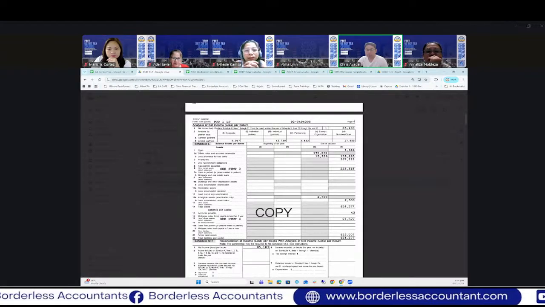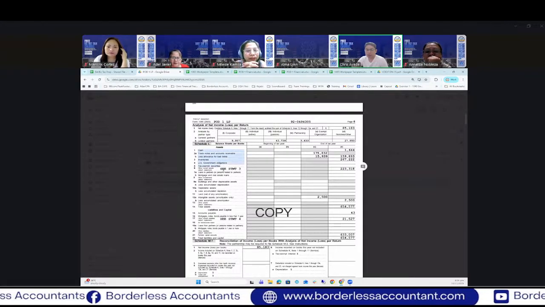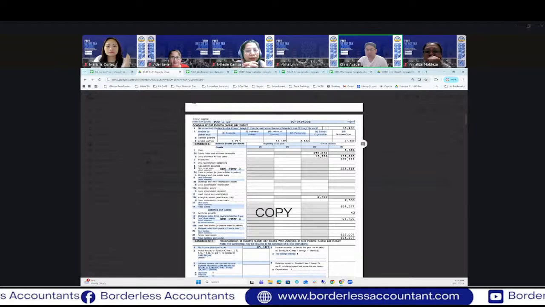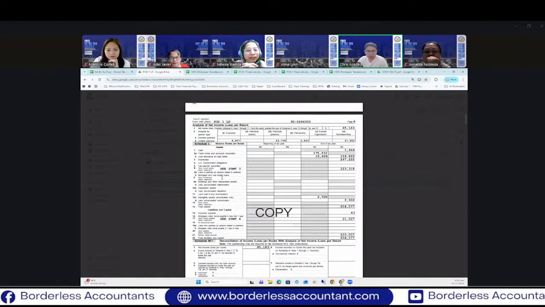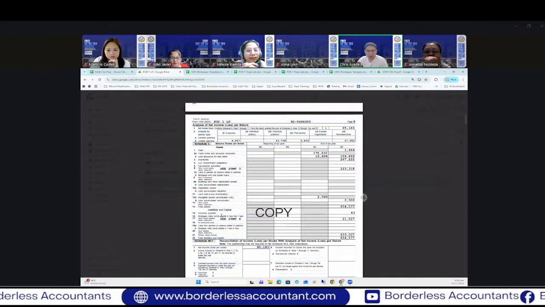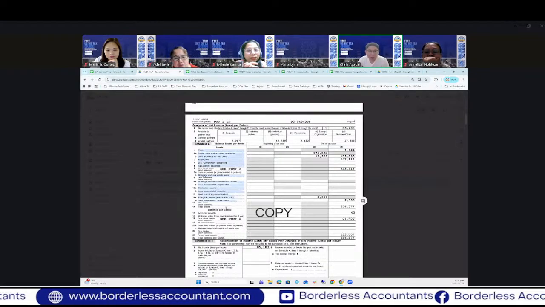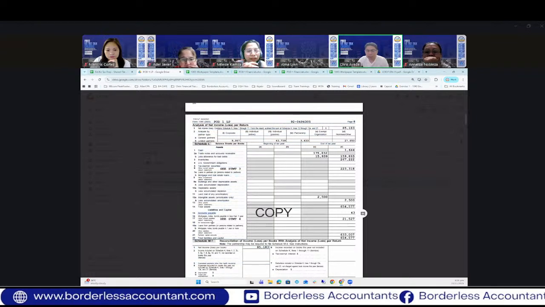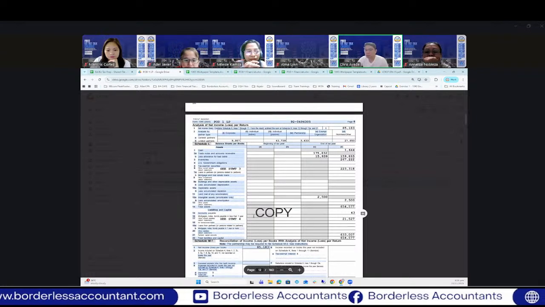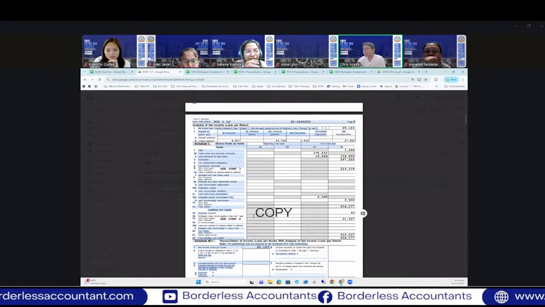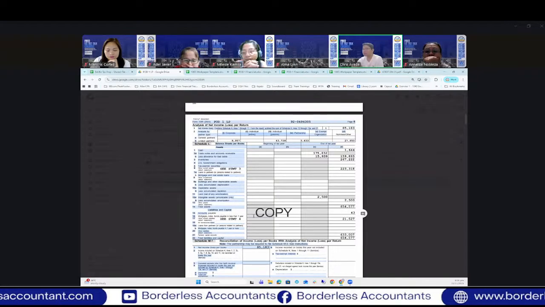So for the assets, you only have cash, receivables, and then you go straight to liabilities. These are the only portions that you have for the assets, and then liabilities sobrang konti, even your equity, right? So the financials in the tax return are very summarized.